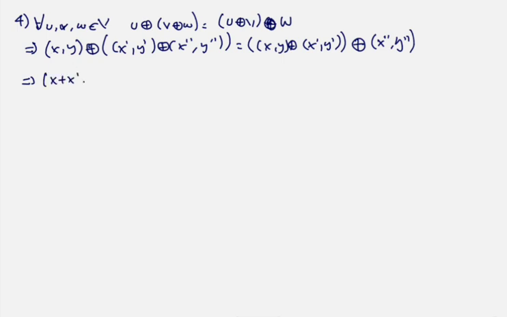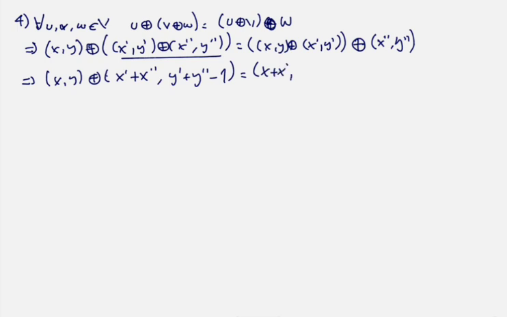x plus x prime. This means (x, y) plus, vector addition, the sum of this we know by the given property: (x prime plus x double prime, y prime plus y double prime minus 1) is equal to the same thing as (x plus x prime, y plus y prime minus 1) plus (x double prime, y double prime).